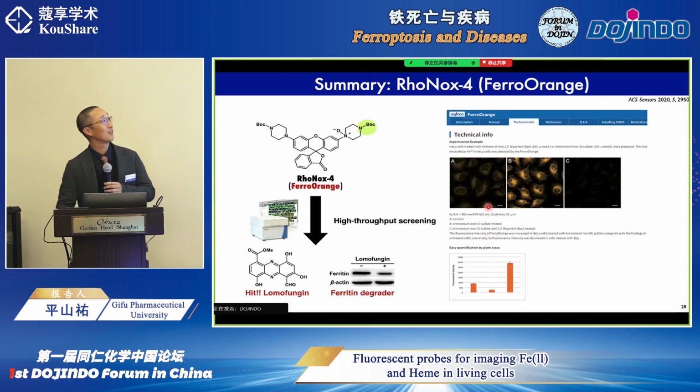So we established a new high-throughput screening compatible fluorescent probe, and this is RONOX4, and this is FerroOrange. Maybe some of you may use this one. And we found rhomofungin as a new compound that can degrade ferritin in cells and upregulate Fe2+ ion.